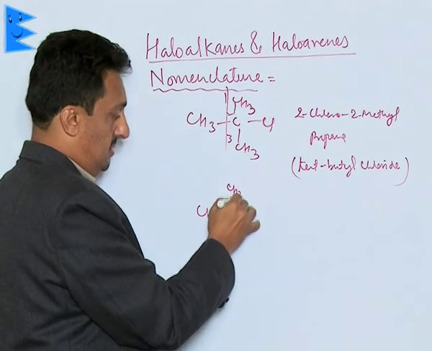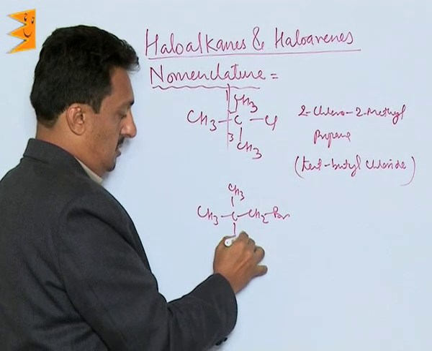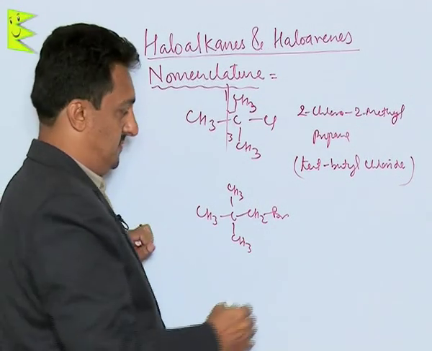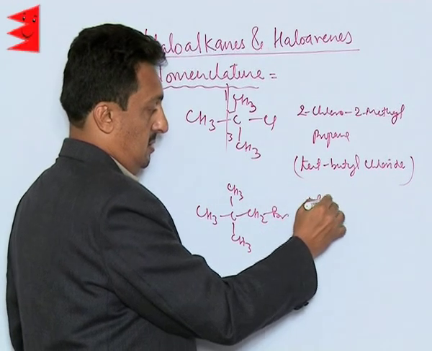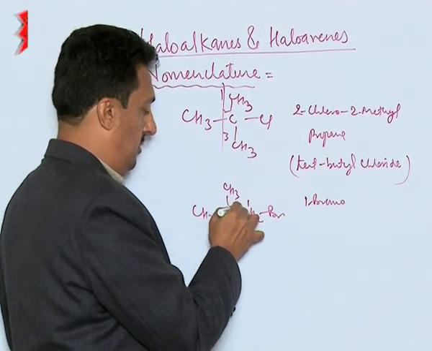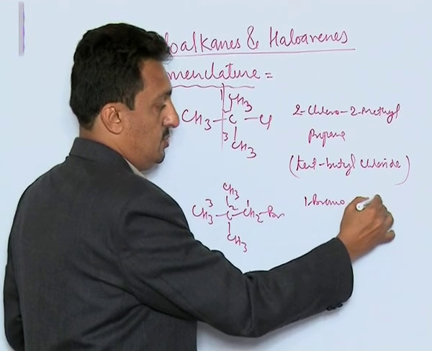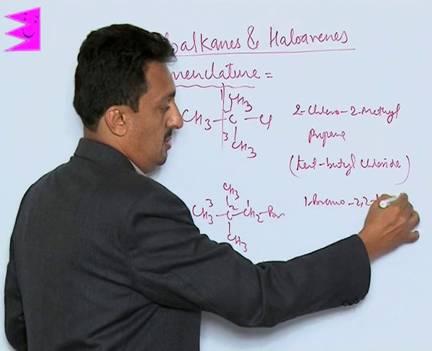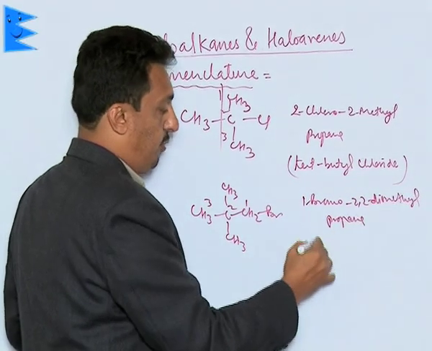Similarly, if we have this kind of system, we call this 1-bromo-2,2-dimethylpropane.